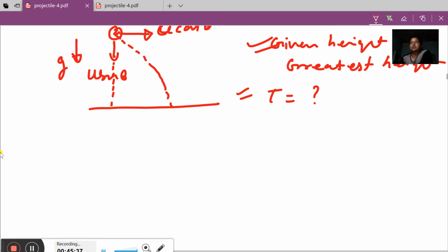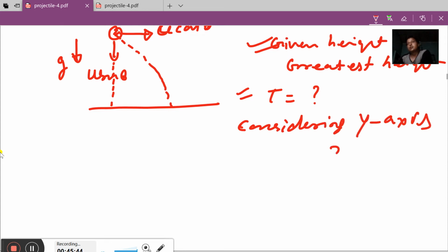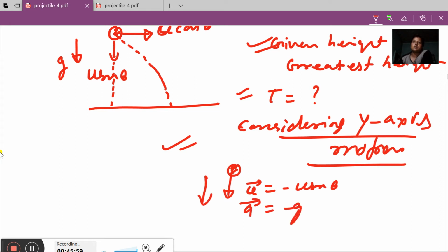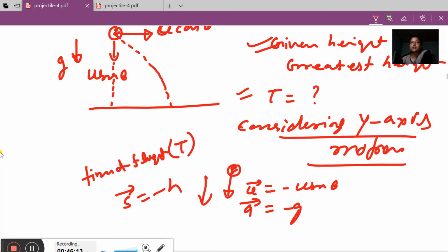Considering y-axis motion. In this direction, initial speed is minus u sin theta, acceleration is minus g, displacement is minus h, and suppose the time of flight is t.